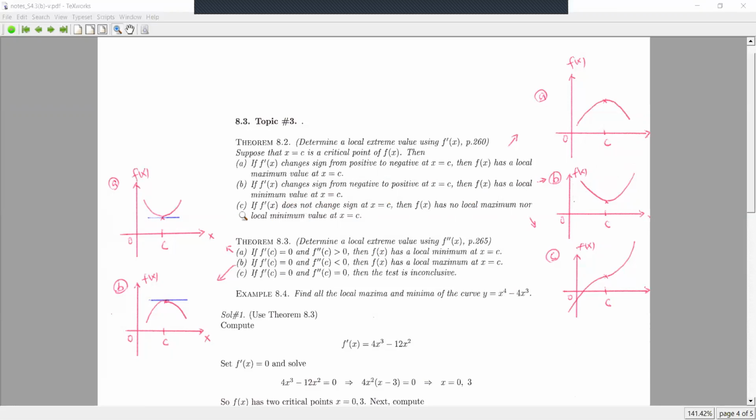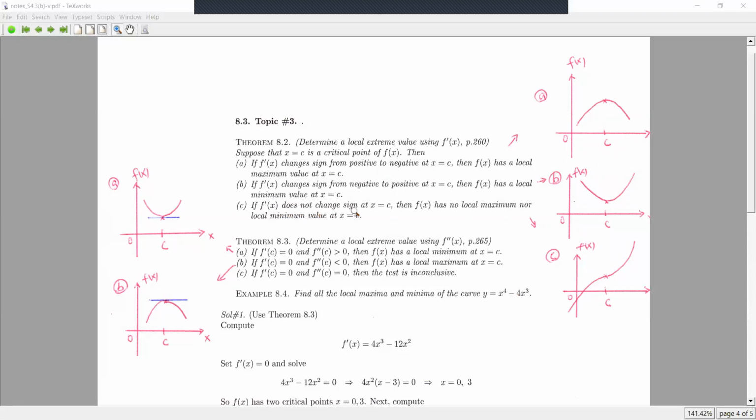Case C: if the derivative doesn't change sign at the point C. For example, on the left side of the point C, the derivative is positive, so the graph of f is increasing on the left.